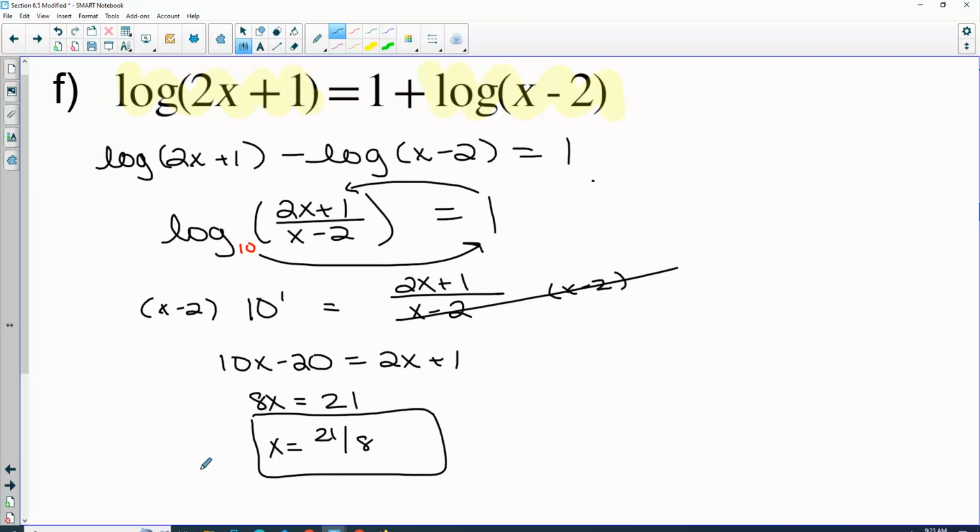So we're good. So I couldn't just drop the log from both sides because I had a term without it. If there's a term without the log, you have to change it to exponential form.